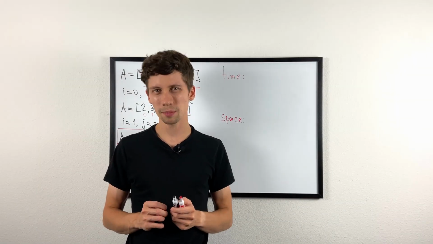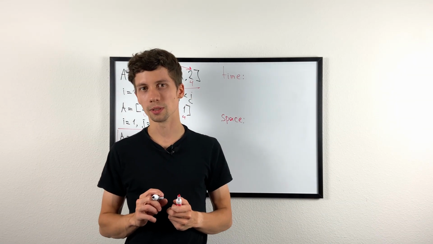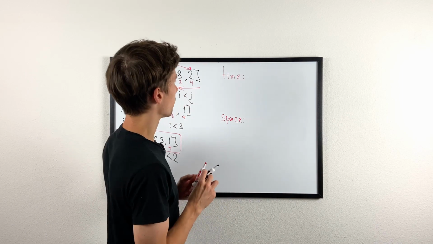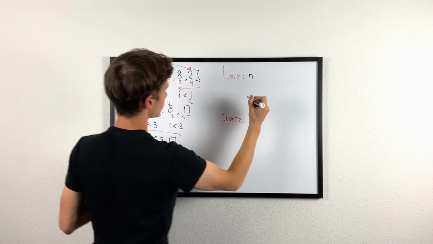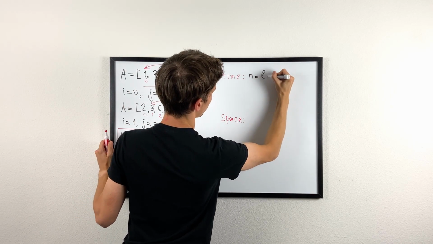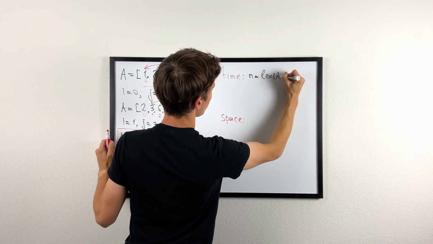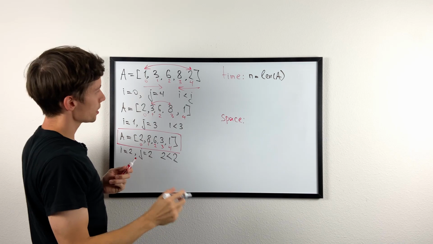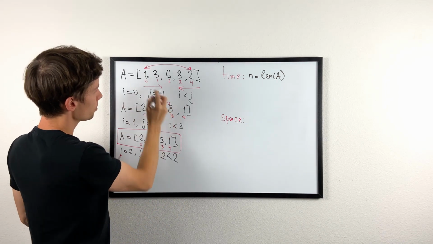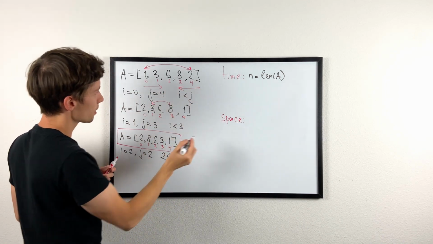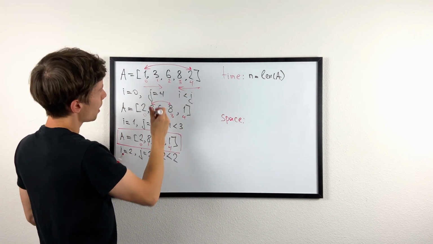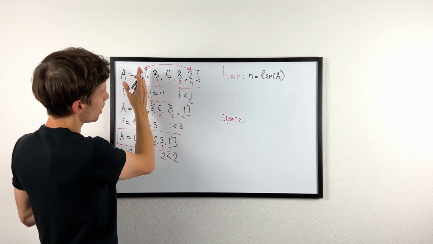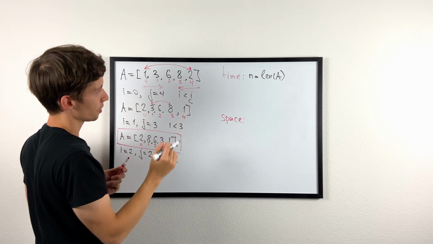Now let's look at time and space complexity of this algorithm. So what about time? If we say that n is the length of our array, then as you can see, we looked from the left and we looked from the right, and at each of those iterations we went half the length of the array.